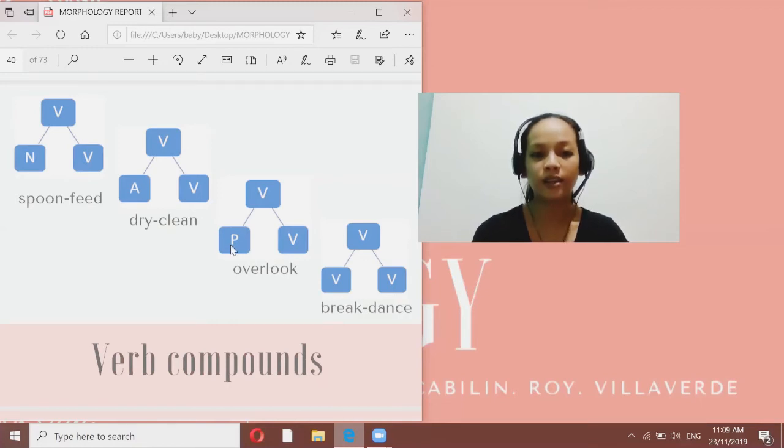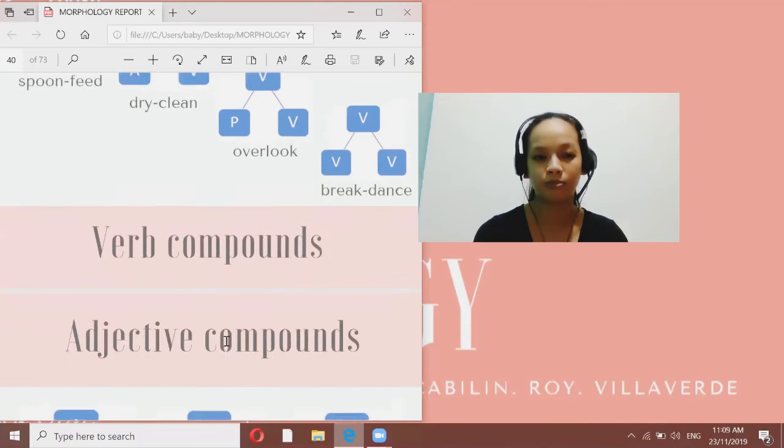For the preposition and verb, we can say overlook. Another example is intake. And then for verb and verb, we have break dance or stir fry. So after we combine these two separate words, we form a word in the shape of a verb.